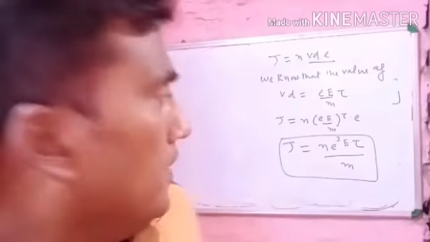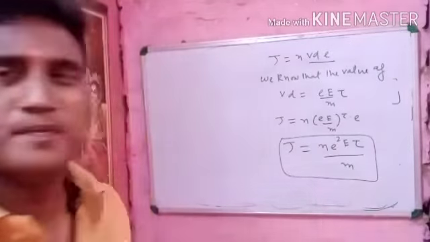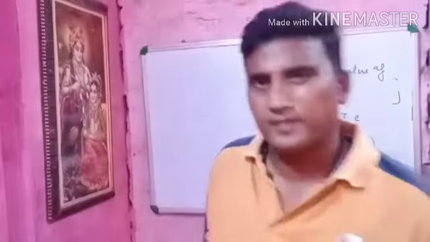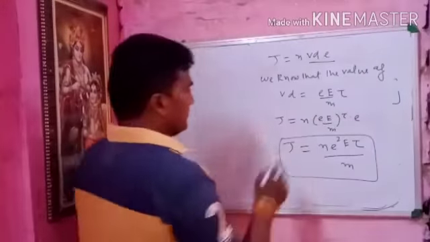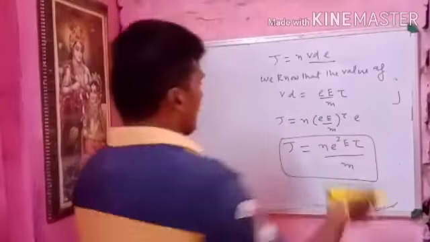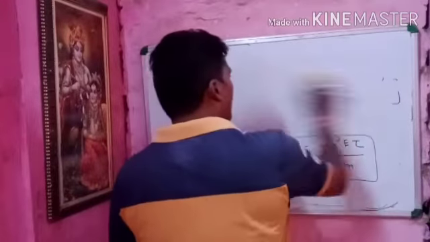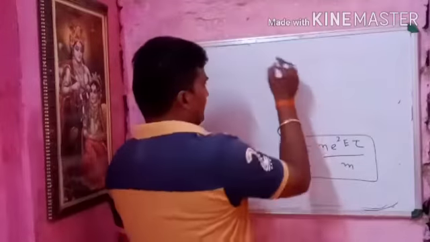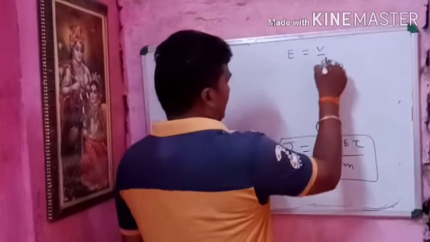And we identify the relation of current density in terms of electric potential or the potential difference. We know that the relation of electric field E is equal to V by d.